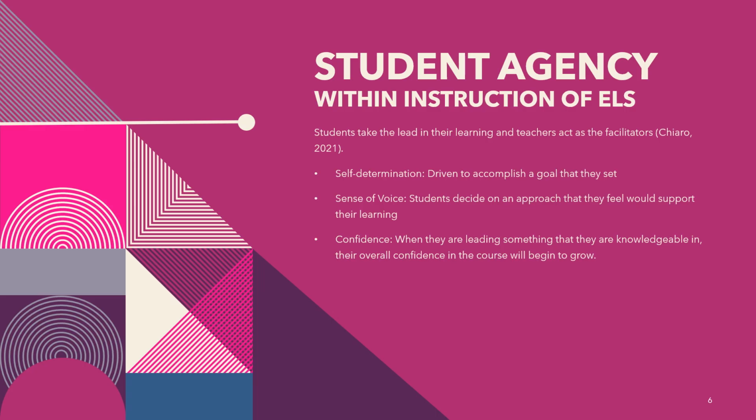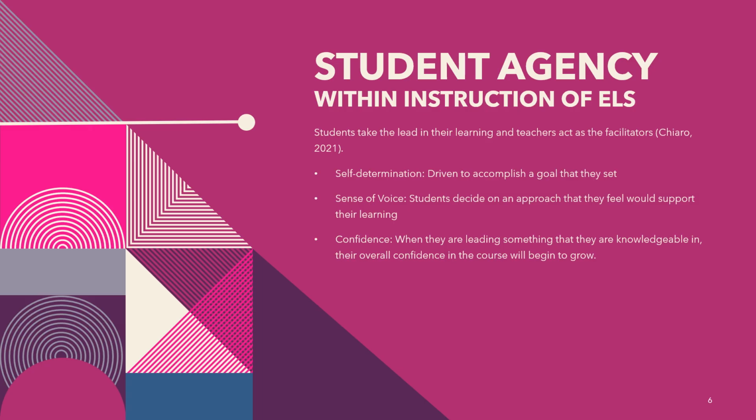And up next, we have student agency within the instruction of our English language learners. Student agency is when a student takes the lead in their learning and the teacher acts as the facilitator. So we get to flip roles in a sense. Part of what that does is it gives our students self-determination.